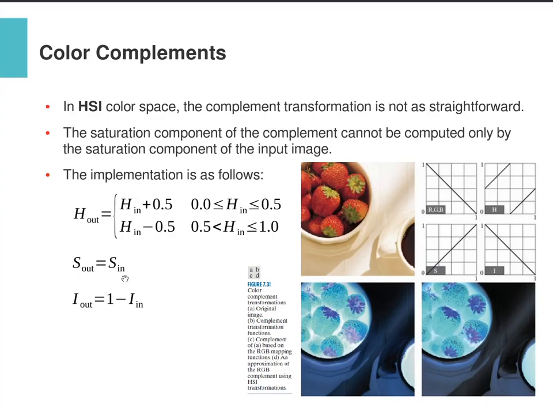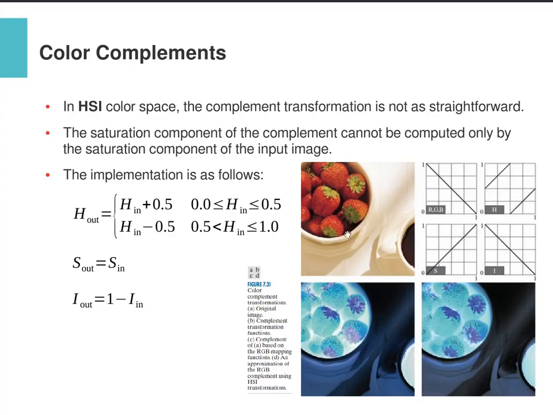As for the saturation, as I said, we cannot calculate the saturation component of the complement image from the saturation component of the input image, so we cannot get the true saturation component, so we simply keep it as it was before. And as for the intensity, we just subtract it from value 1.